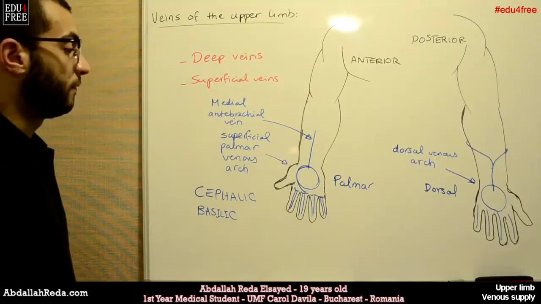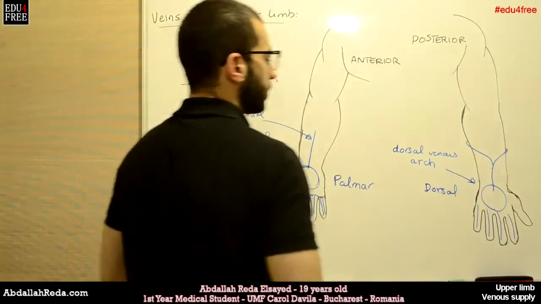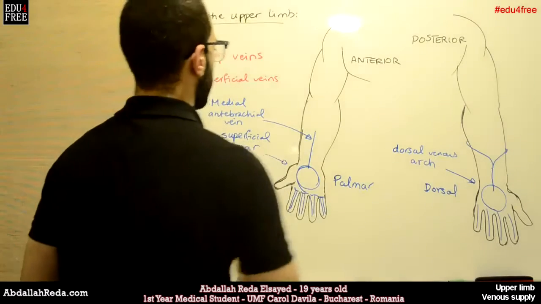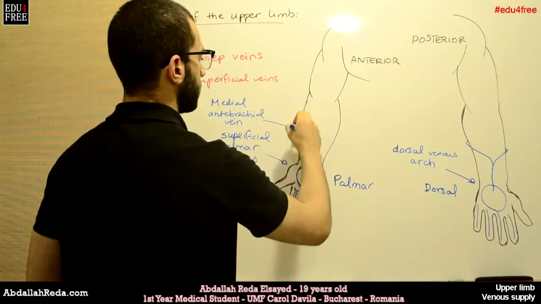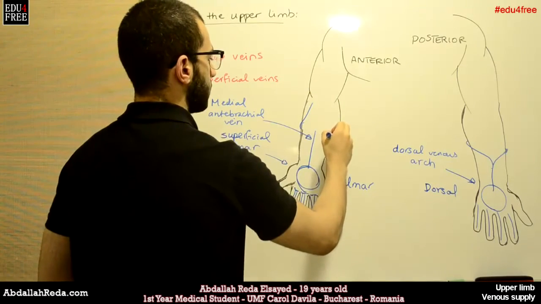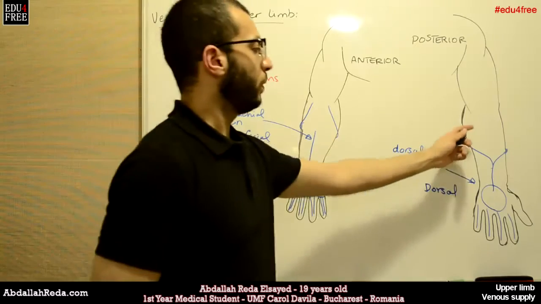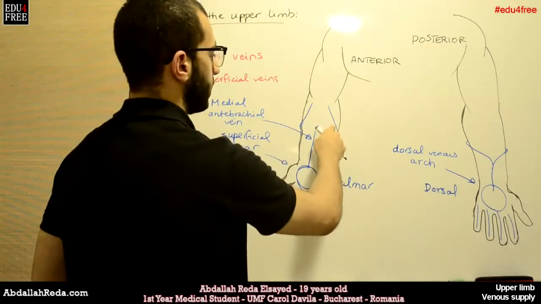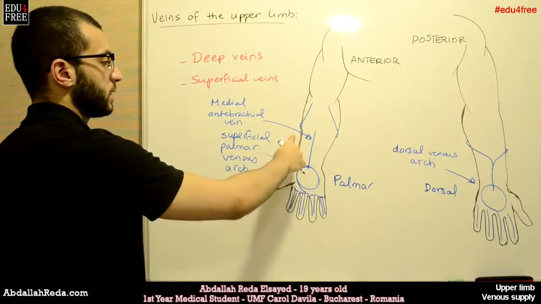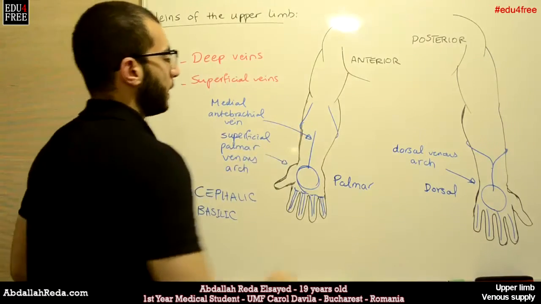The basilic vein. So these two veins will go from the dorsal side to the other side anteriorly, and we can see them like this. So they loop and go to the other side. So as this is the medial side, this will be the basilic vein, and this is the lateral side. This will be the cephalic vein.